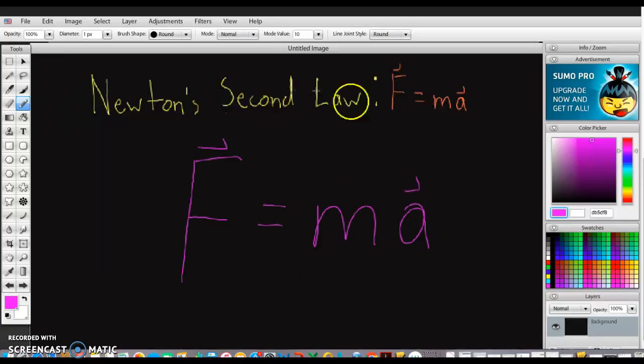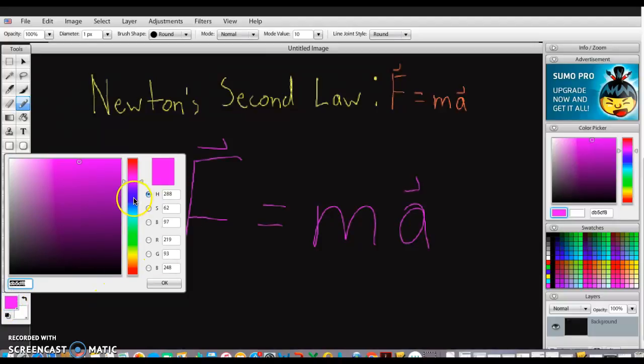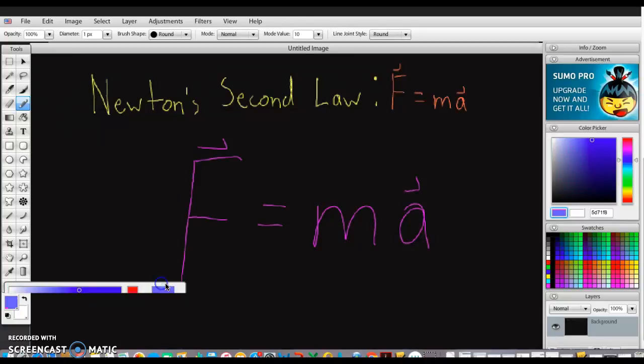All right, so Newton's second law is really just a representation of a proportional relationship between these three variables. And what I mean by proportional relationship is that there is a relationship between force and mass, and there's a relationship between force and acceleration.